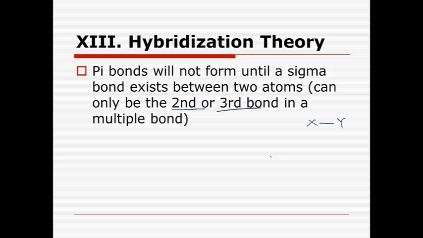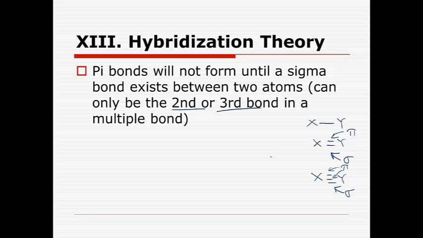If you have a double bond, one is a sigma, the other one is a pi. You can only have one sigma bond between the same two atoms. So if you end up with a triple bond, one of them is a sigma, the other two must be pi bonds.